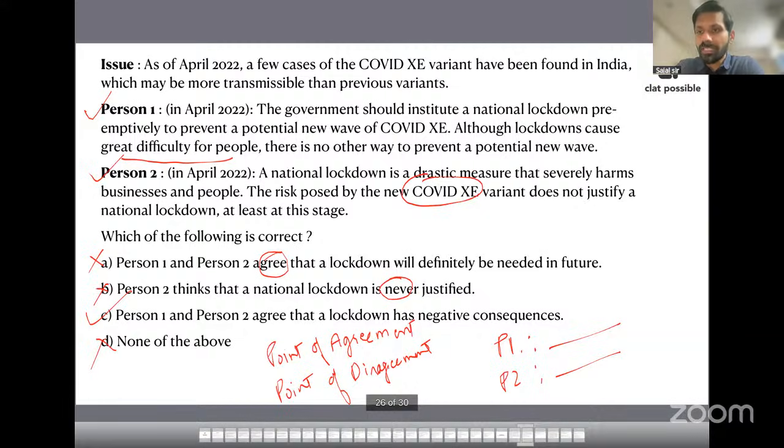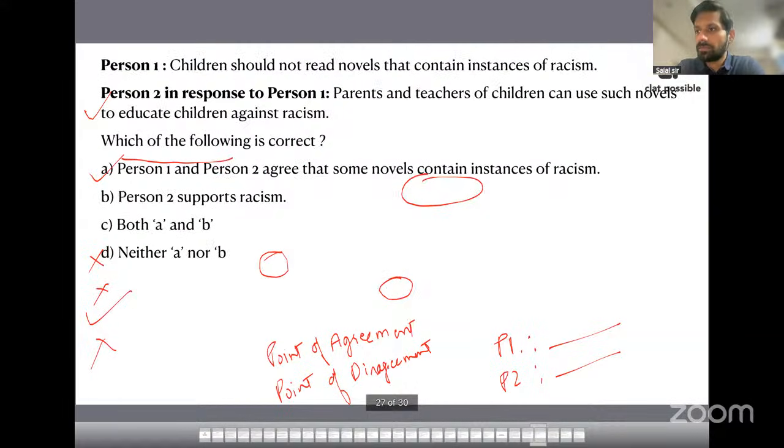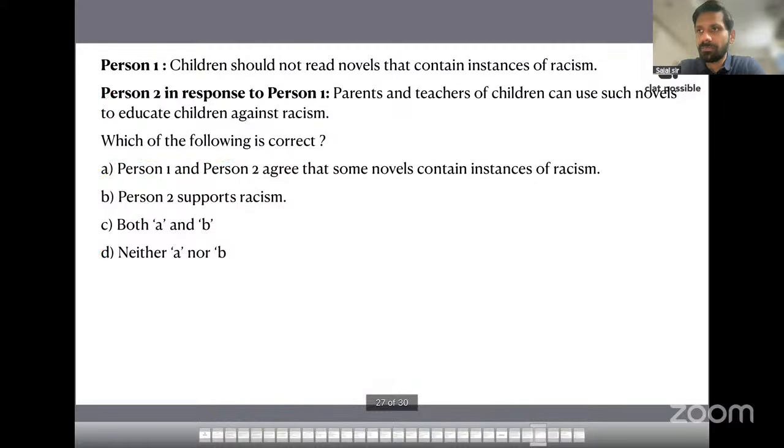Let's do one more. I think there's one more on this. This one is an easy one.